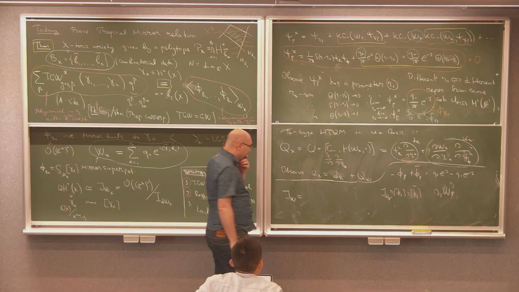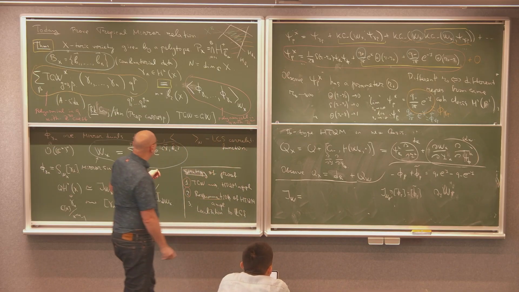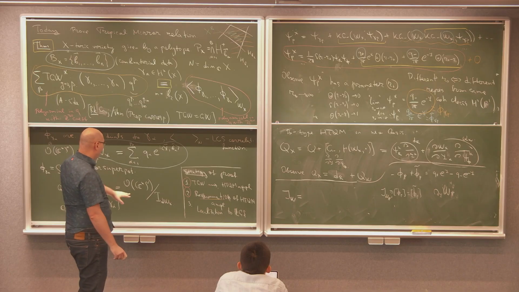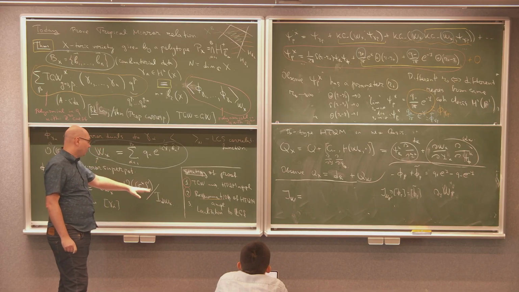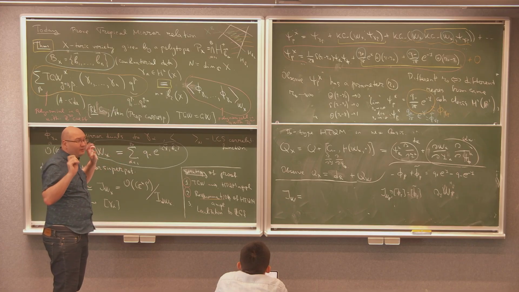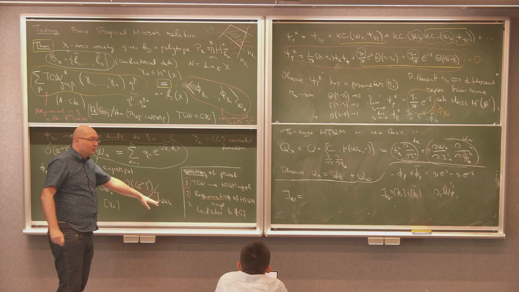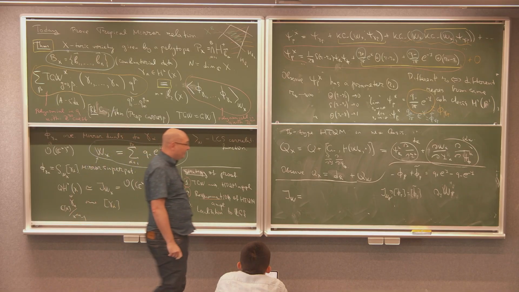So we can represent the Jacobi ring, which is this quotient of holomorphic functions on C to the n, or equivalently functions of y, quotient by the gradient ideal.